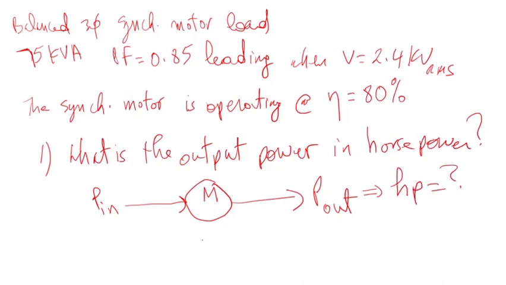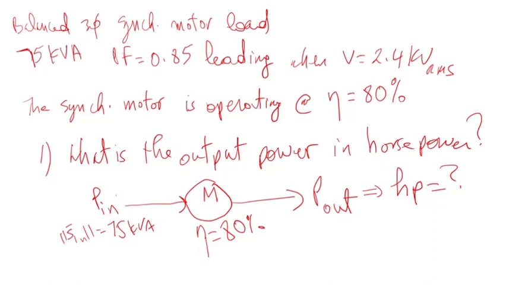So we know this motor is operating at an efficiency of 80%. And we know this power here. So the input complex power is 75 kVA.